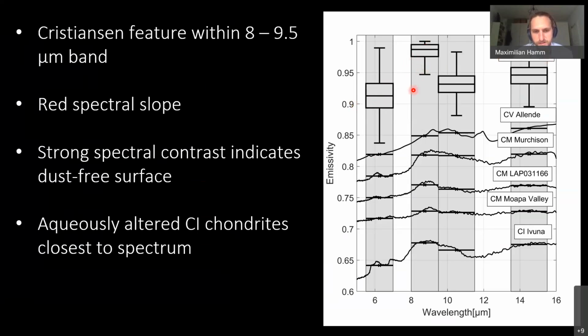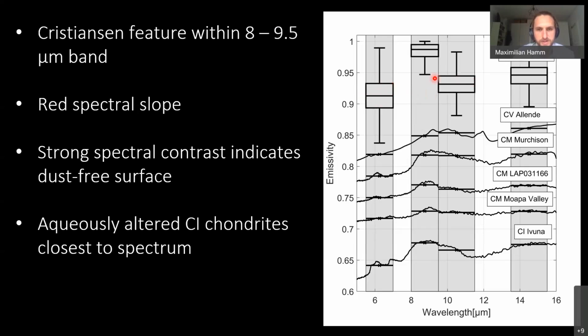So the surface of Ryugu has been darkened and reddened over the course of time due to repeated heating and cooling of the surface and interaction with the solar wind. And then we have, interestingly, a very strong drop around 5 to 7 microns and from 9 to 11 microns.